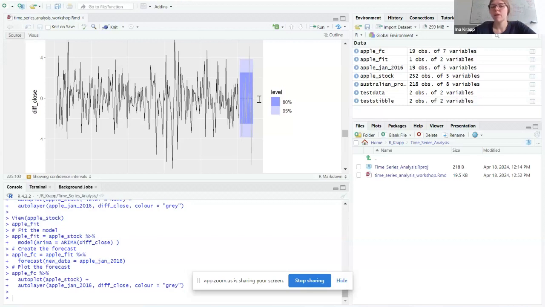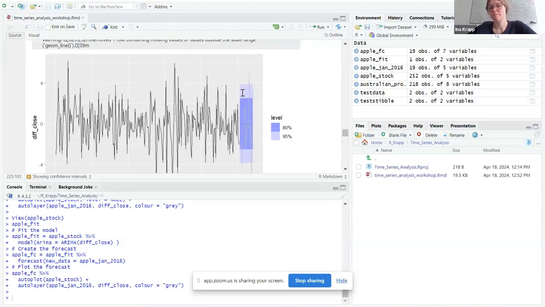There are some outliers. This is out of the confidence interval. This is out of the confidence interval. But most of these values are within the 80% confidence interval. Some are not in the 80% confidence interval, but in the 95% confidence interval.